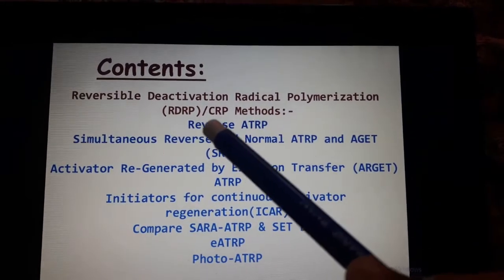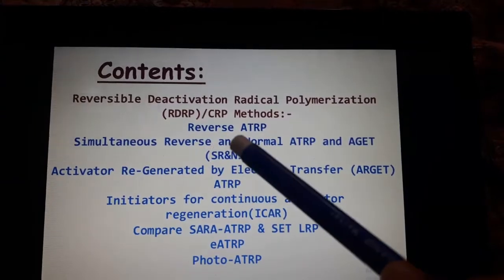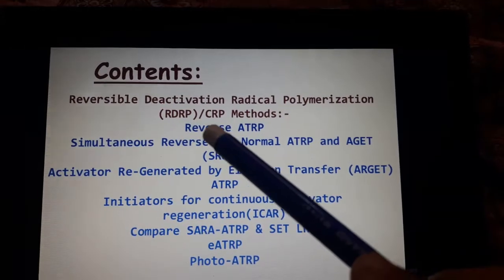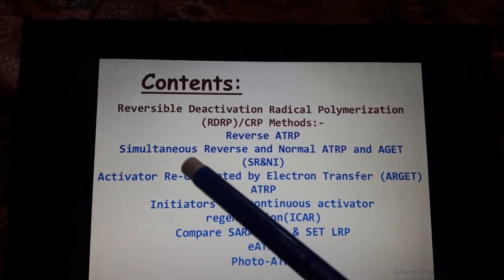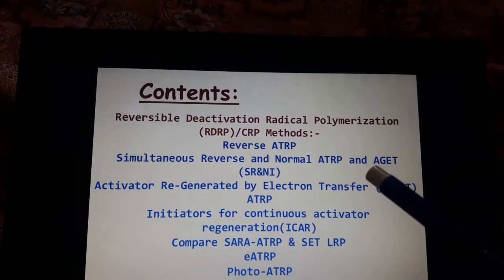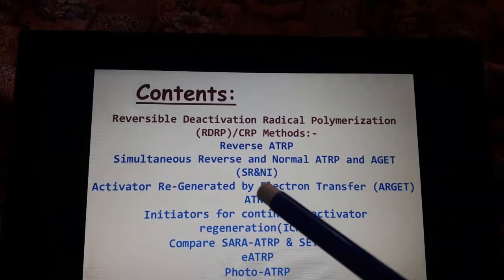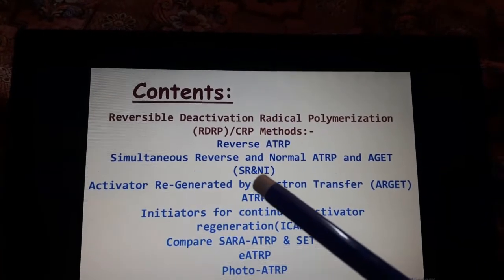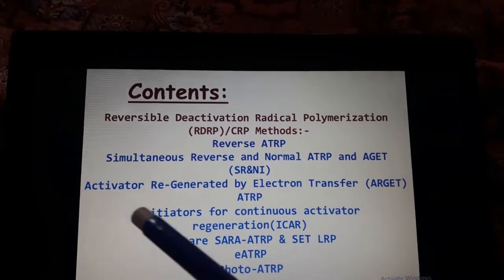All of the topics or subtopics included in this main topic are reverse ATRP, and simultaneous reverse and normal ATRP, or AGT ATRP. It can also be named as simultaneous reverse and normal initiation process.